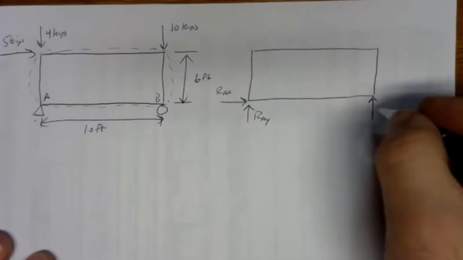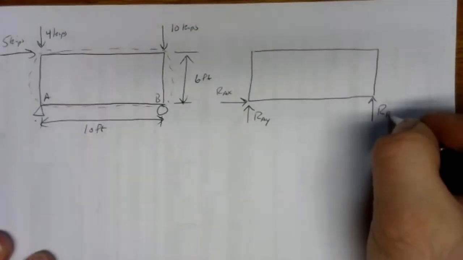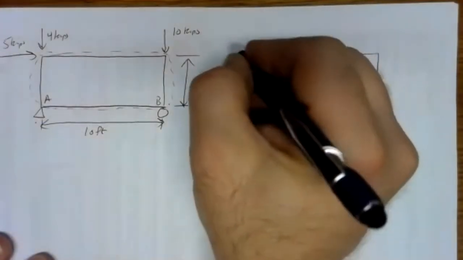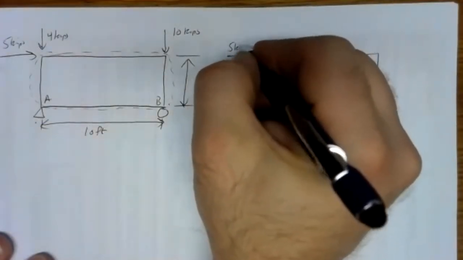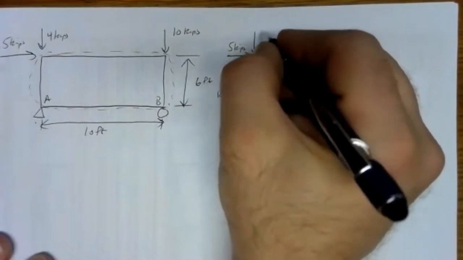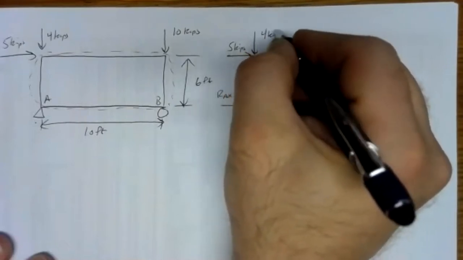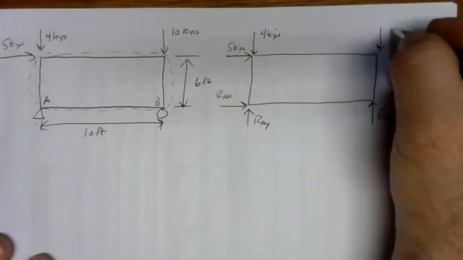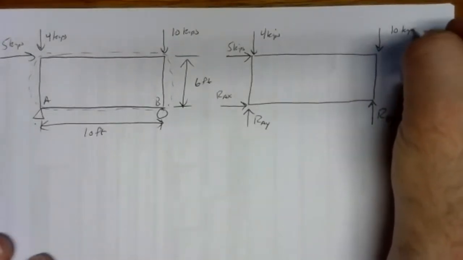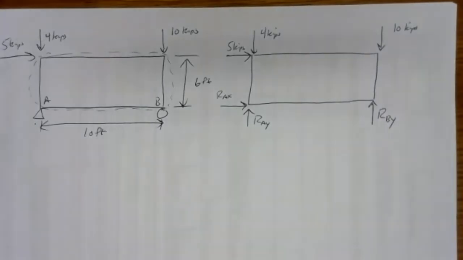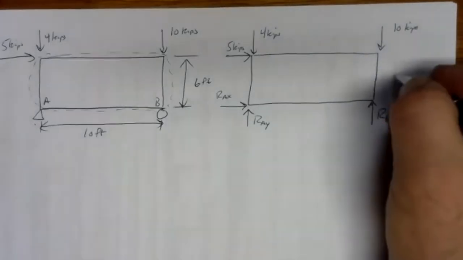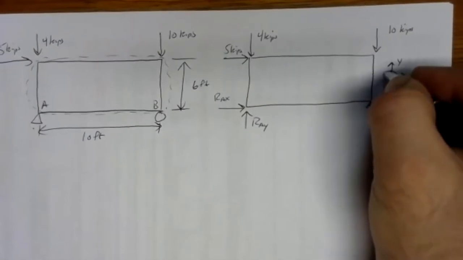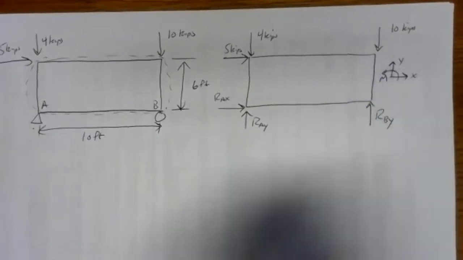At B, we have a roller, so that'll be RBY. And we've got our externally applied loads, this 5 kip side load, 4 kips pushing down there, and 10 kips there. We can define our coordinate system. So there we go.